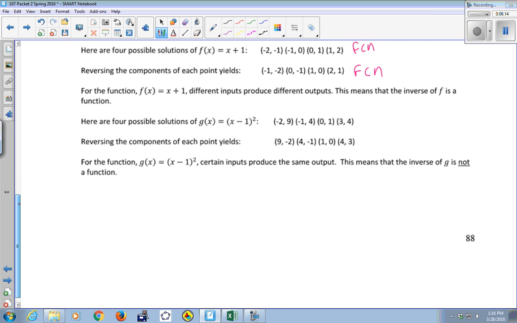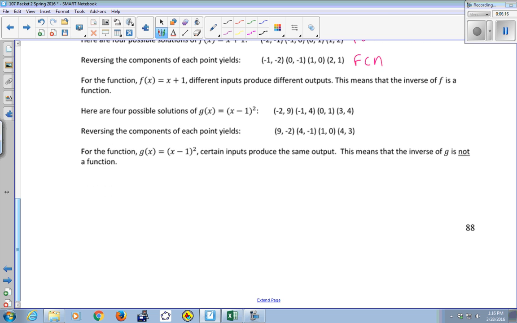All right, let's look at 4 points on the graph of x minus 1 squared. So I've got negative 2, 9, negative 1, 4, 0, 1, and 3, 4. When I reverse the components, so I just take the x's and y's and swap them, I get these 4 points. My original is a function because each x corresponds to just 1 y. But what about the reverse?